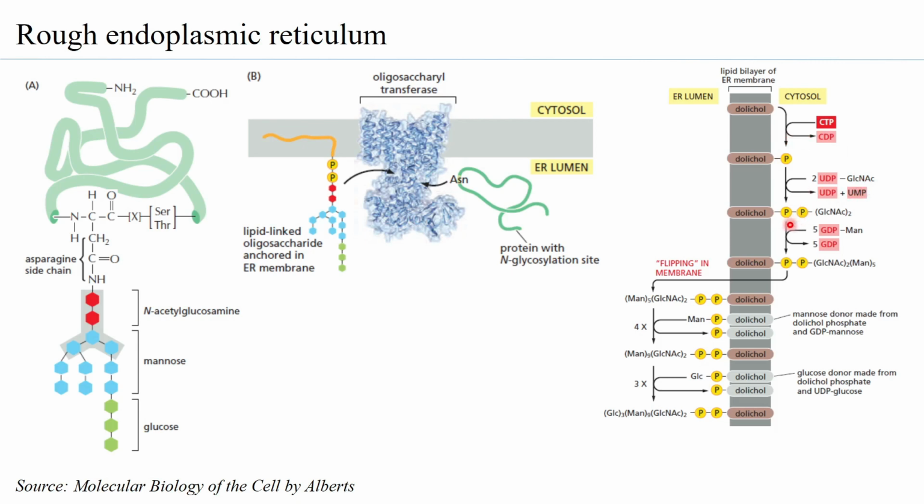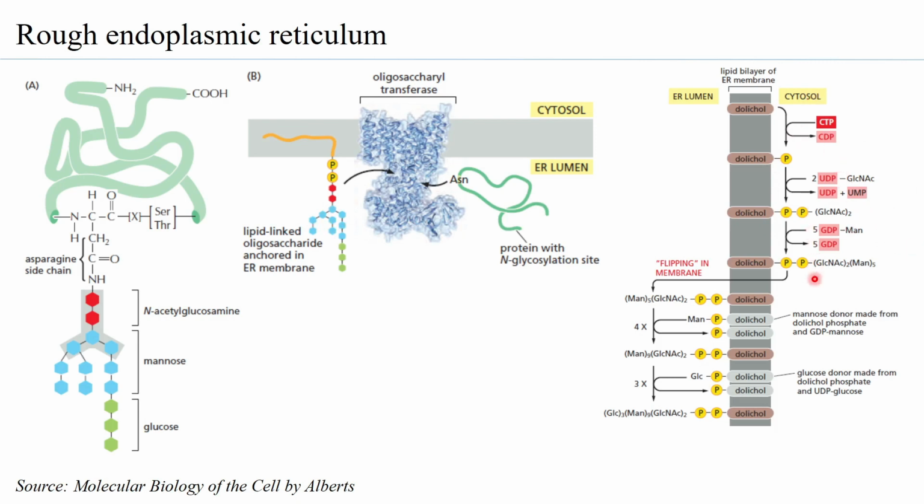So that's the first sugar that is added. Then a second sugar is added, and then there are 5 mannoses that are added. So two N-acetyl glucosamine and 5 mannoses are added outside, that is in the cytoplasmic phase of the ER.